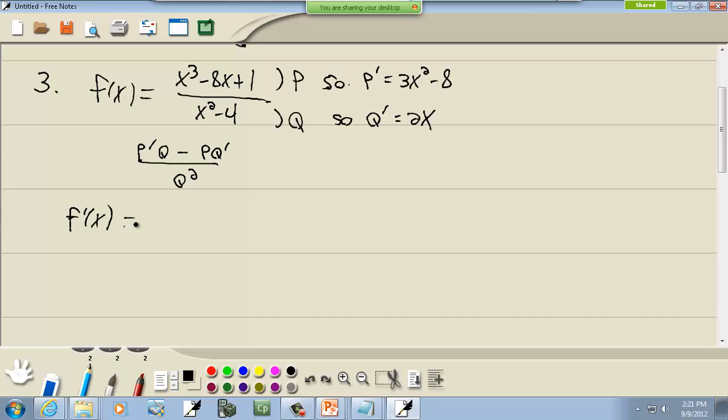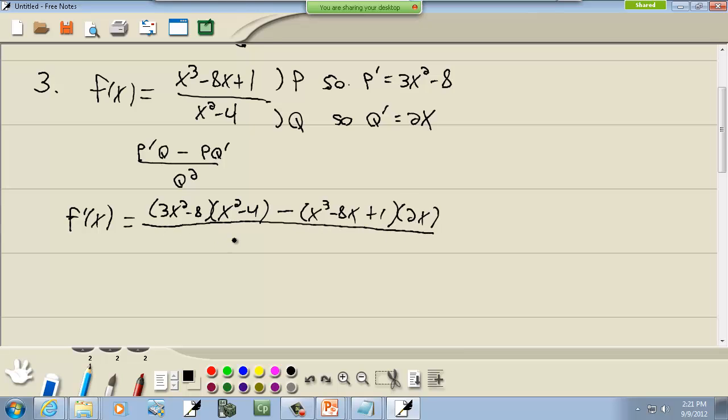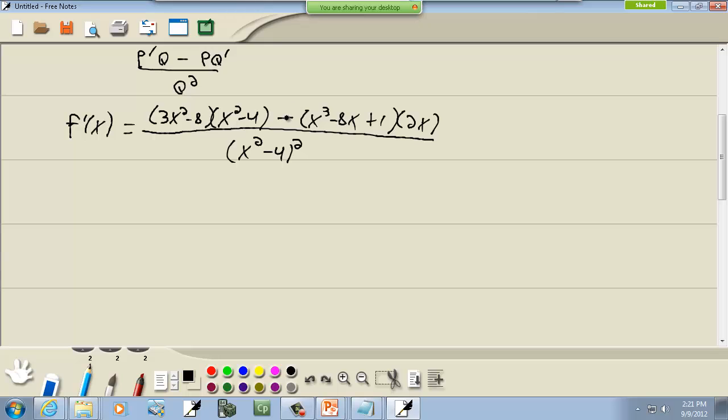So for our derivative, p prime was 3x squared minus 8, q was x squared minus 4, minus p, which was x to the third minus 8x plus 1, times q prime, which was 2x, all over q squared, which was x squared minus 4 squared. Typically, simplified form means you don't leave a negative in there. Everything has to be a product.